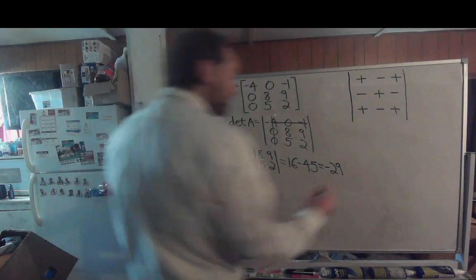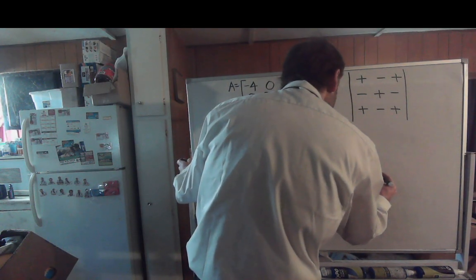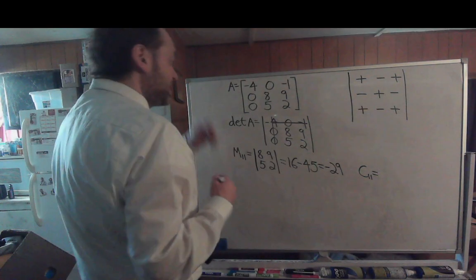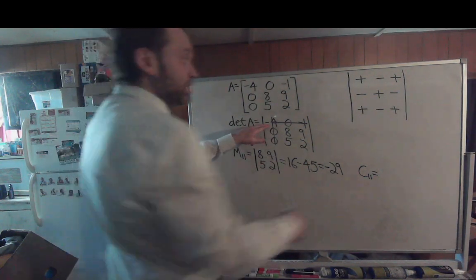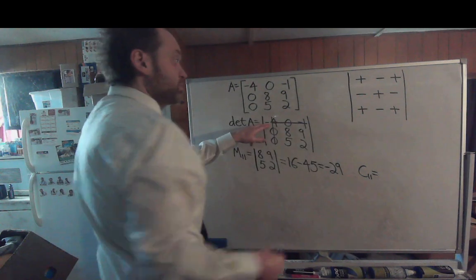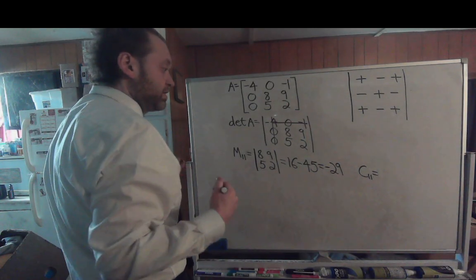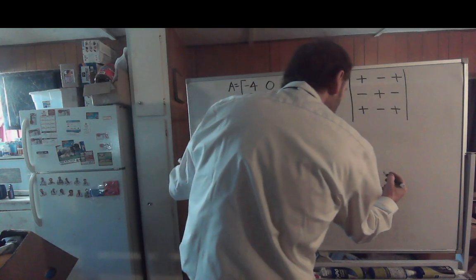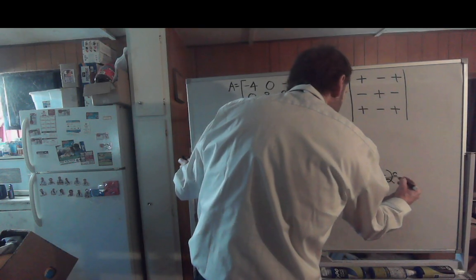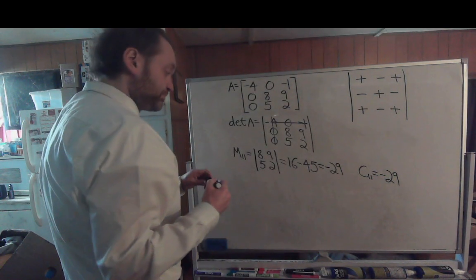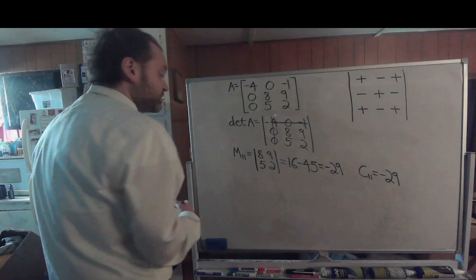Now to find cofactor 1, 1, find out where that negative 4 is in relation to your coefficient matrix, which tells us we need to take positive times whatever the result was for our minor. So positive negative 29 is still negative 29. So that's our cofactor.